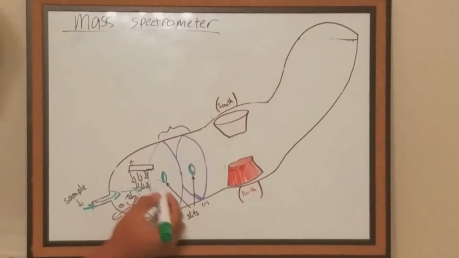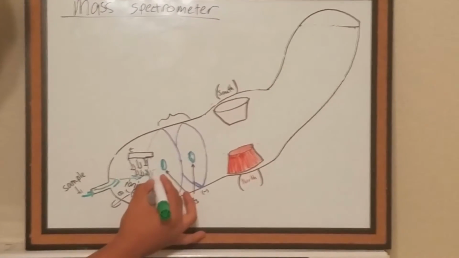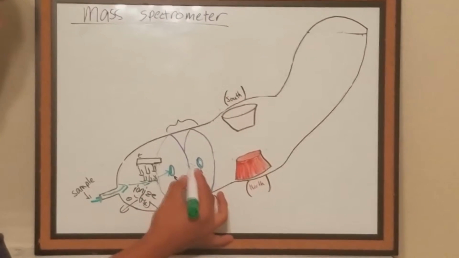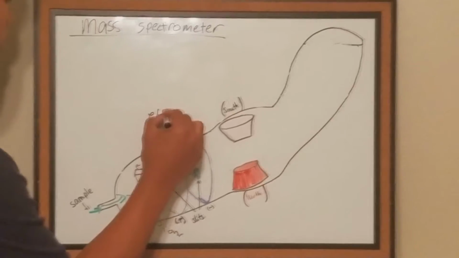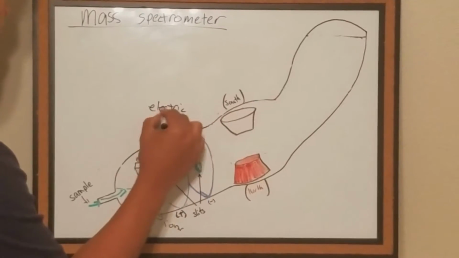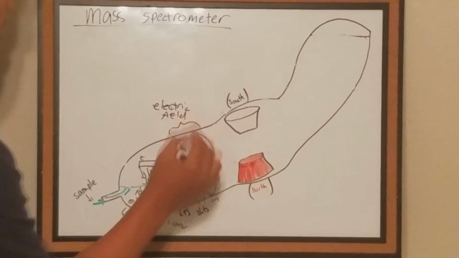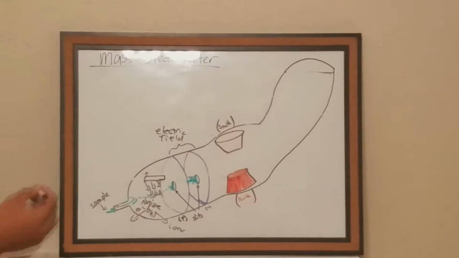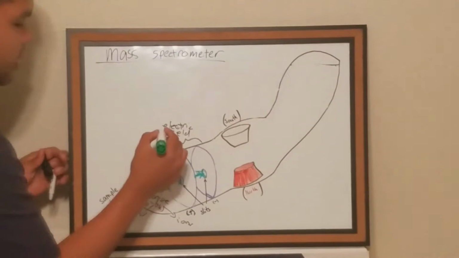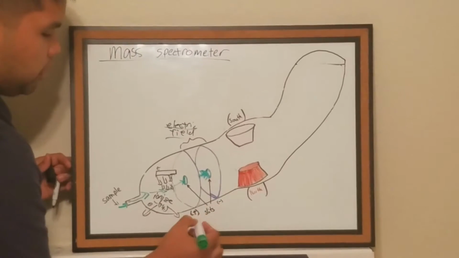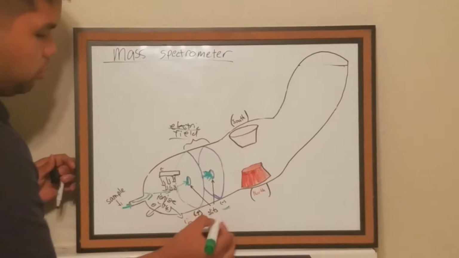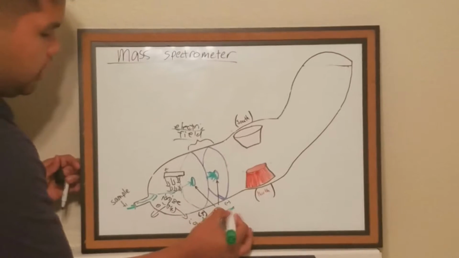Then, the sample enters an electric field. This electric field will accelerate the ions due to the potential difference between the positive plate and the negative plate.